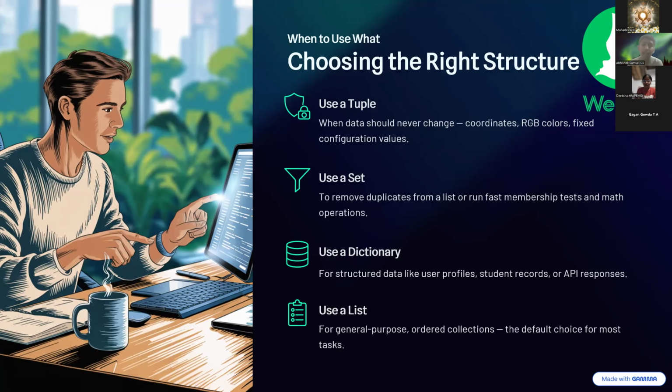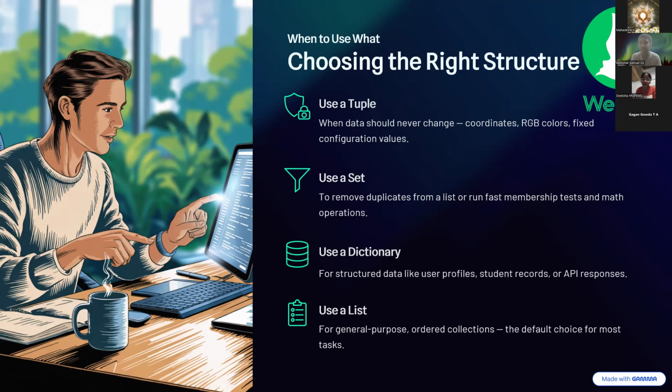Sets are used to remove duplicates from a list and to run fast membership tests and math operations, because sets focus on union and intersection, which are the mathematical components of sets.